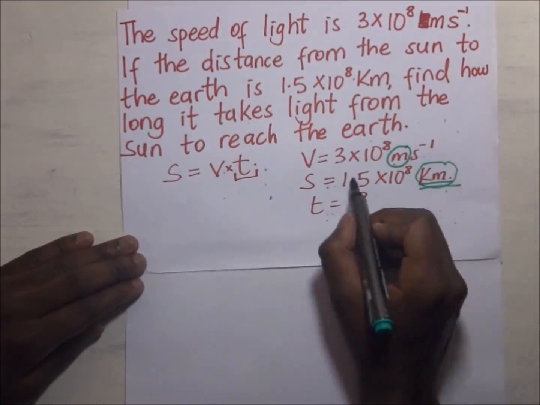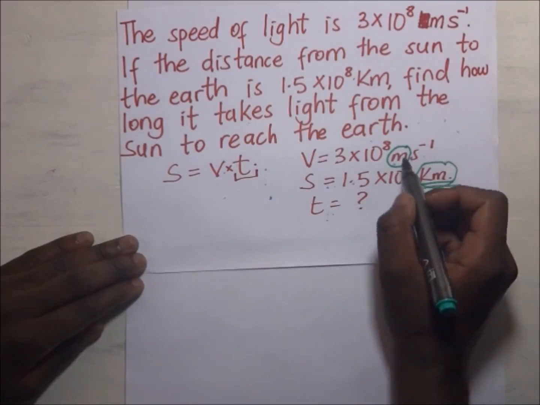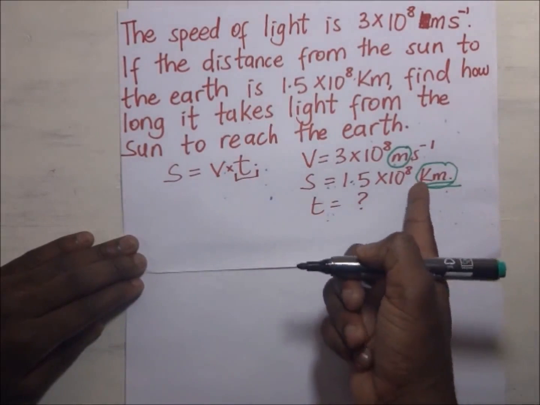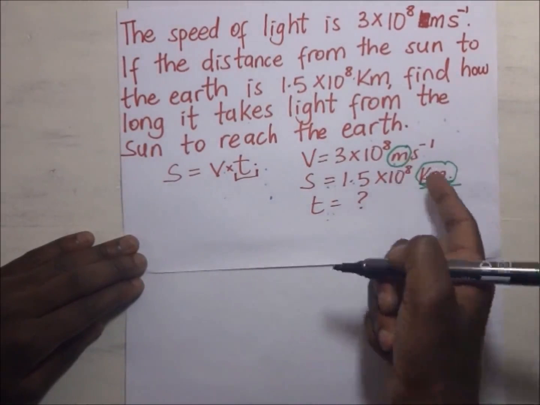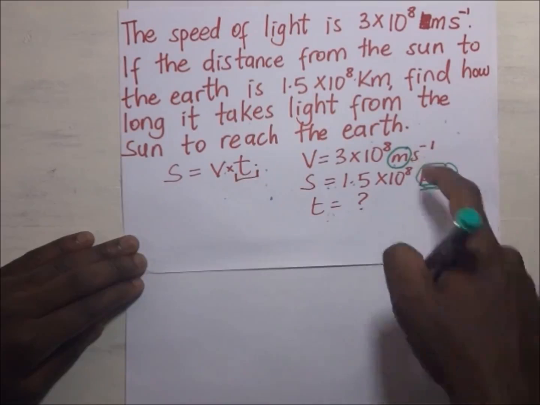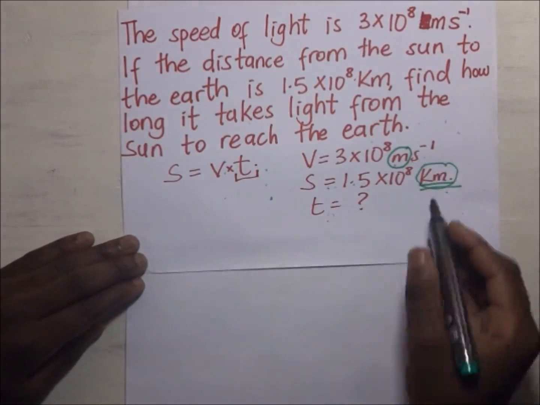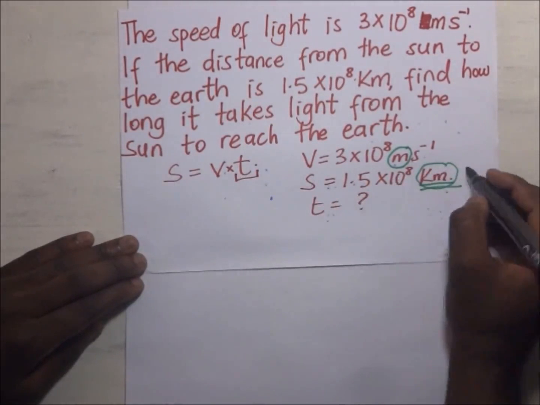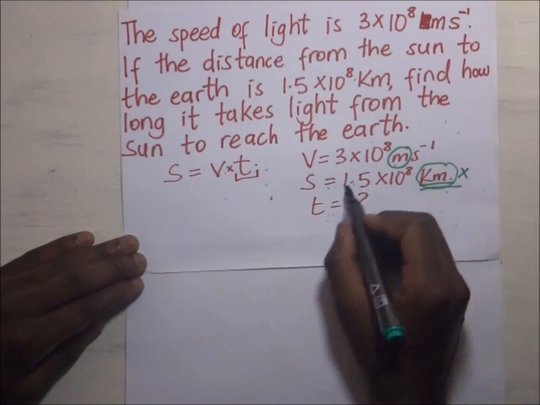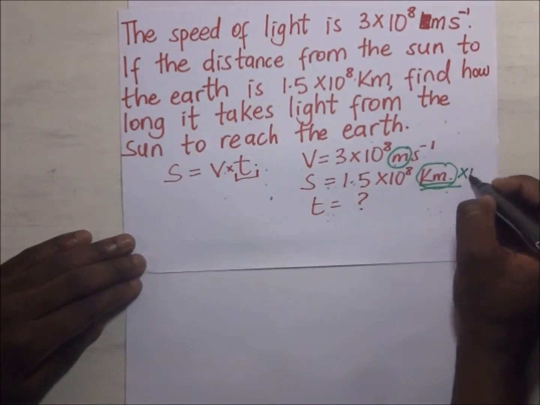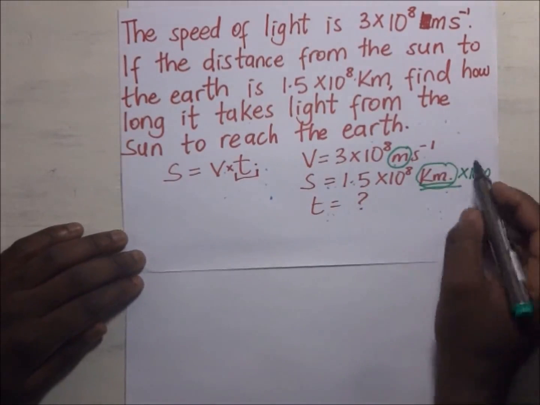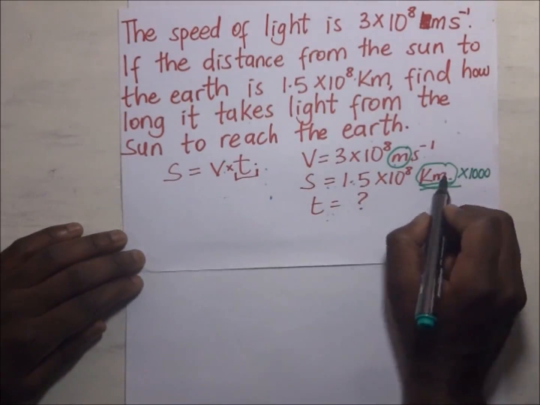But I think it's easier, let's convert these kilometers to meters, so that when we are dividing the two, these meters cancel out and our value of time is only remaining with per second. So it means that converting this distance to meters, we are going to multiply this by 1,000. Of course, when we multiply that by 1,000, it turns to meters.